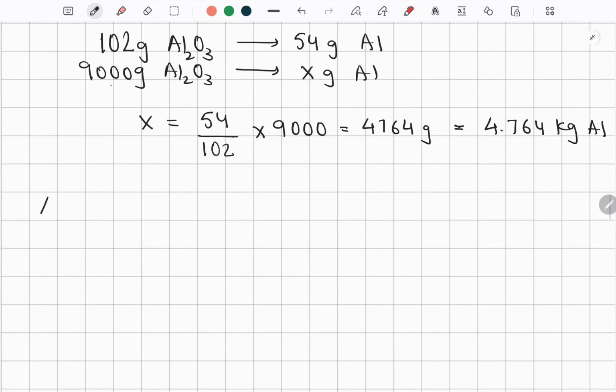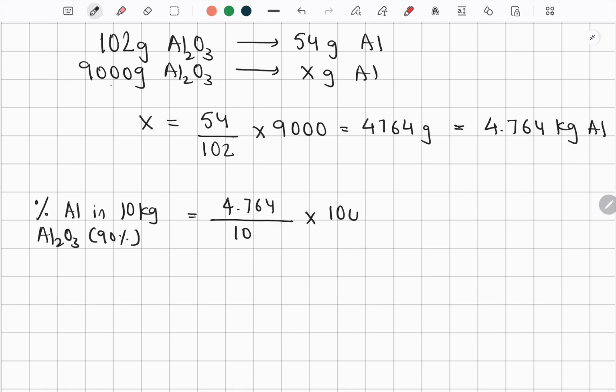Now for calculating the percentage of aluminium in 10 kg of Al2O3 with 90% purity, it is equal to 4.764, the total weight of aluminium present in the 10 kg of Al2O3, divided by the 10 kg, into 100.